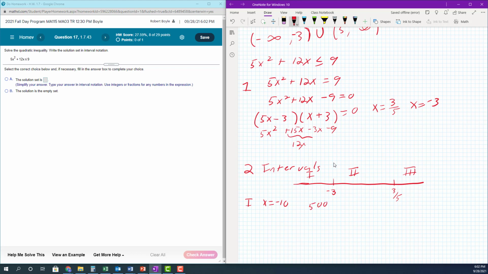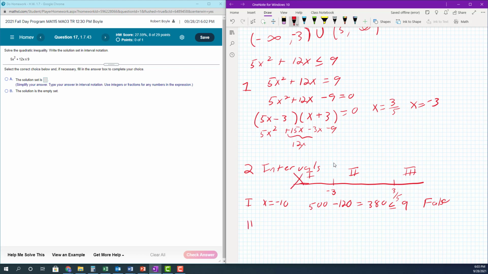And that's going to be plus 12 times negative 10, which is negative 120. That is equal to 380, which is, is that less than or equal to 9? No, it is not. This is false. So this cannot be a solution. This interval is not a solution.